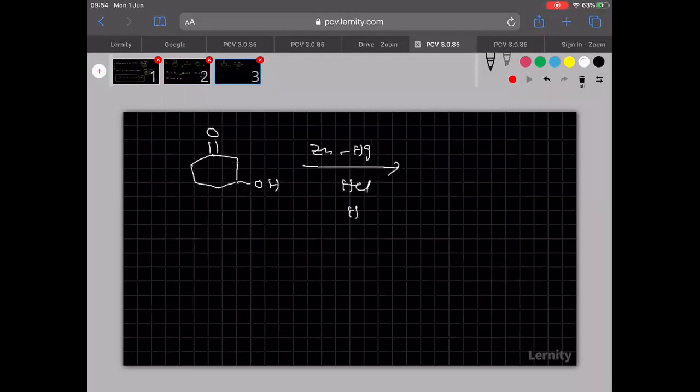HCl is an acid. Oxygen contains two lone pairs, so there is a chance for protonation also. Therefore, Clemmensen is not preferable, because here the OH may protonate with H plus also.